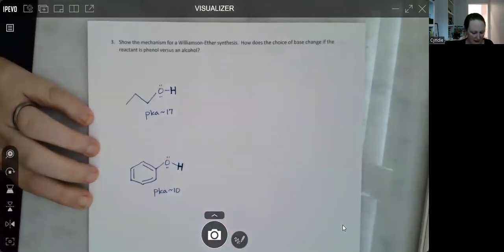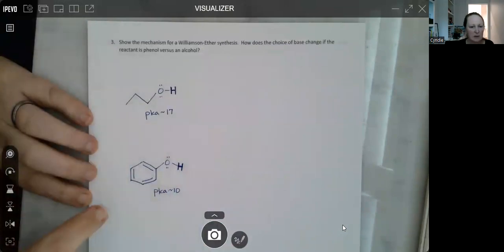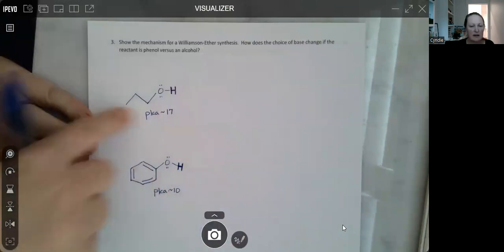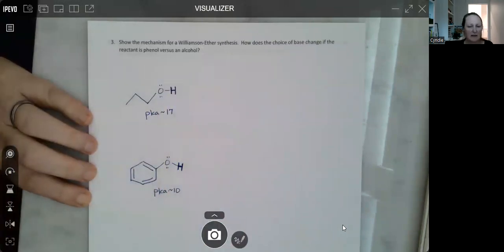So this is 10 to the 7 times more acidic than this. So we can use a much weaker base to deprotonate this than if we needed to deprotonate an aliphatic alcohol, or something that doesn't exhibit resonance stabilization.